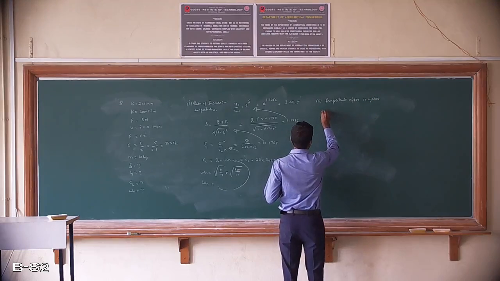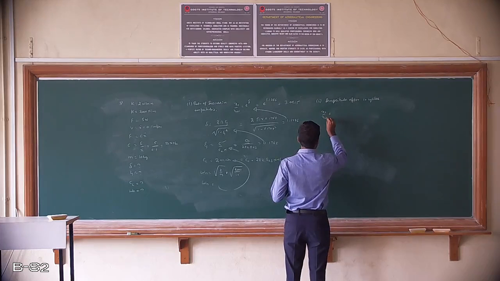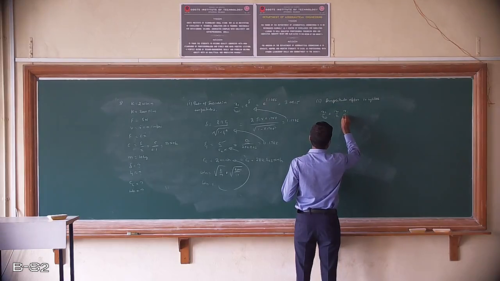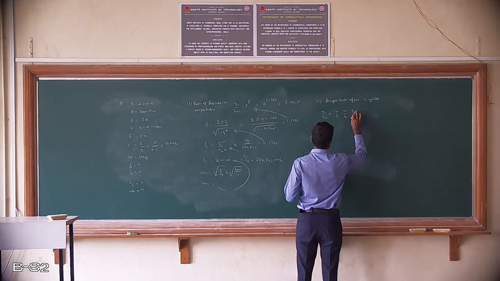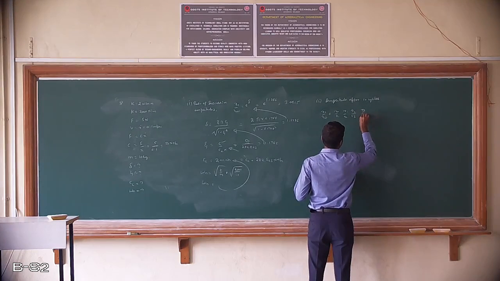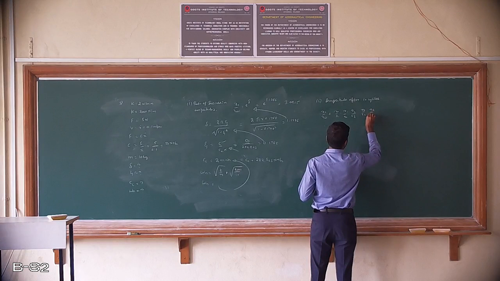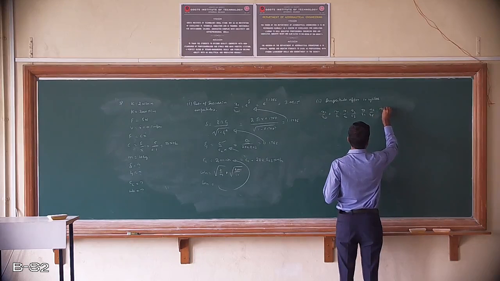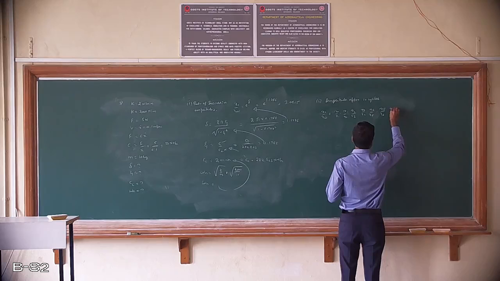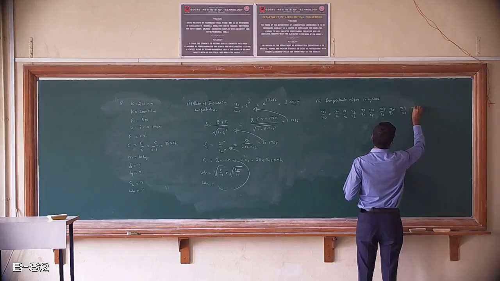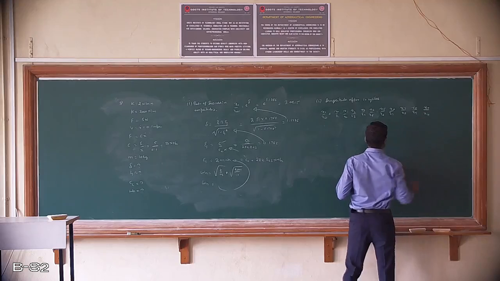So x0 by x10 is equal to x0 by x1 multiplied with x1 by x2 multiplied with x2 by x3 multiplied with x3 by x4 multiplied by x4 by x5, x5 by x6, x6 by x7, x7 by x8, x8 by x9, x9 by x10.